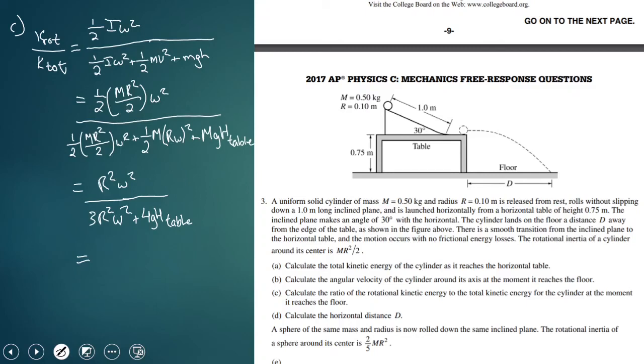And so plugging that in, we get 25.8 squared divided by 3 times 1 squared plus 4 times 10 times 0.75. So I get 0.133.